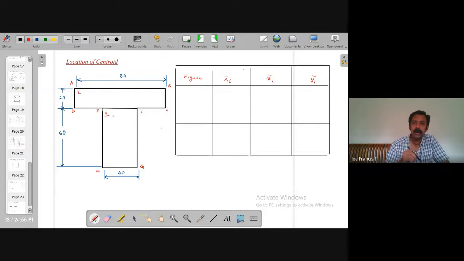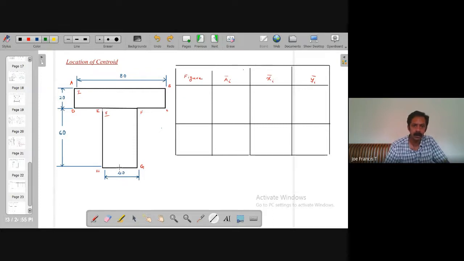Now, to locate the centroid, I am going to assume an axis. Let me just try to draw an axis here, and I'll use a green color.